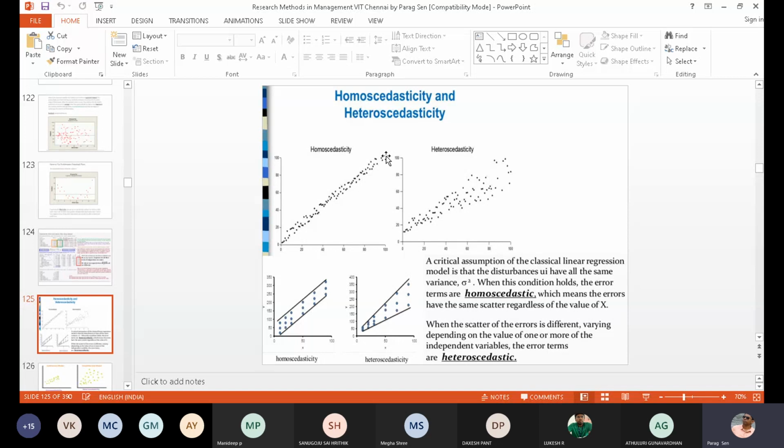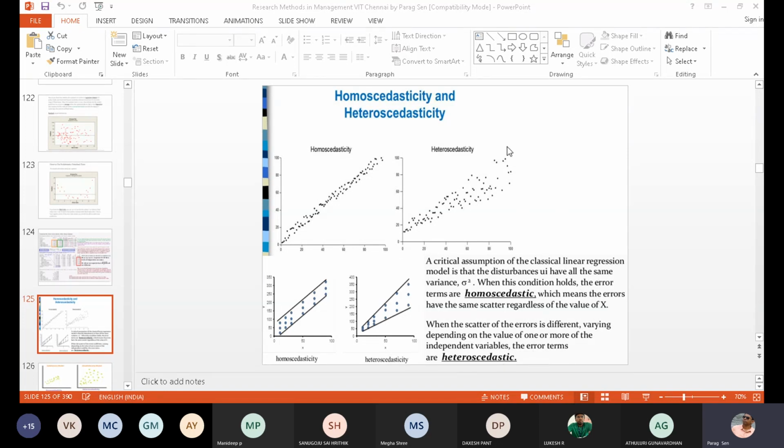You can see the scatter of the data; this data exhibits homoscedasticity. But when the scatter of the errors is different, varying depending on the value of one or more of the independent variables, the error terms are heteroscedastic.